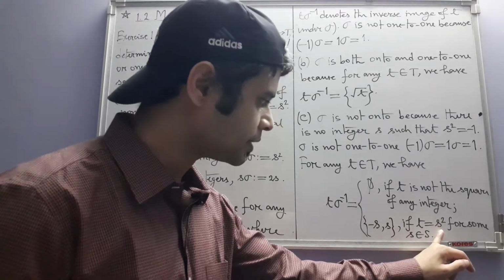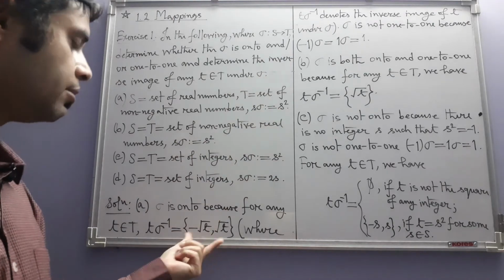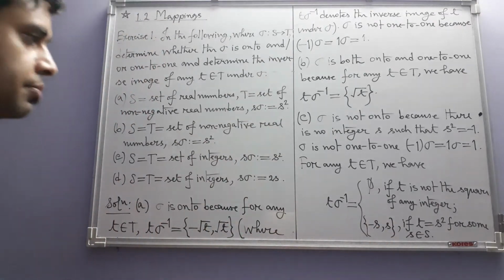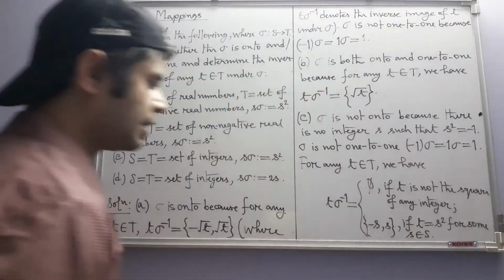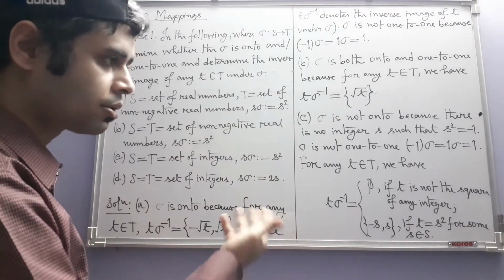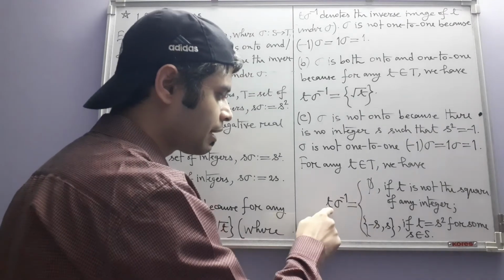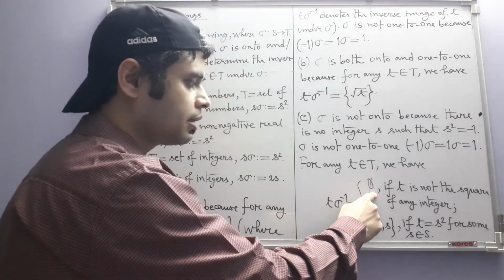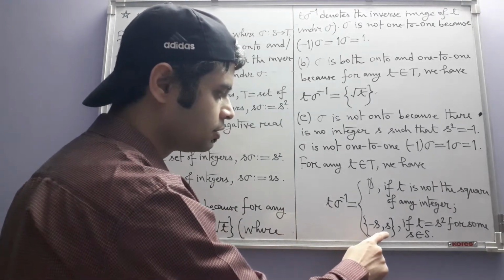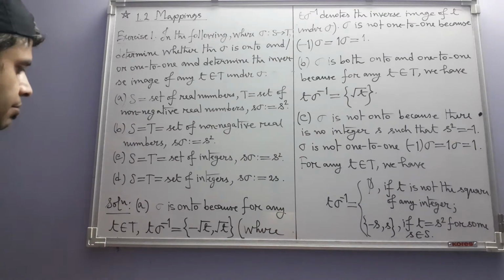So if this happens, then t has two square roots as usual, but now they are minus s and s. So you can see why this function is neither one-to-one nor onto from here also. It is not onto because sometimes this inverse image is empty, and it is not one-to-one because sometimes this inverse image has two elements.